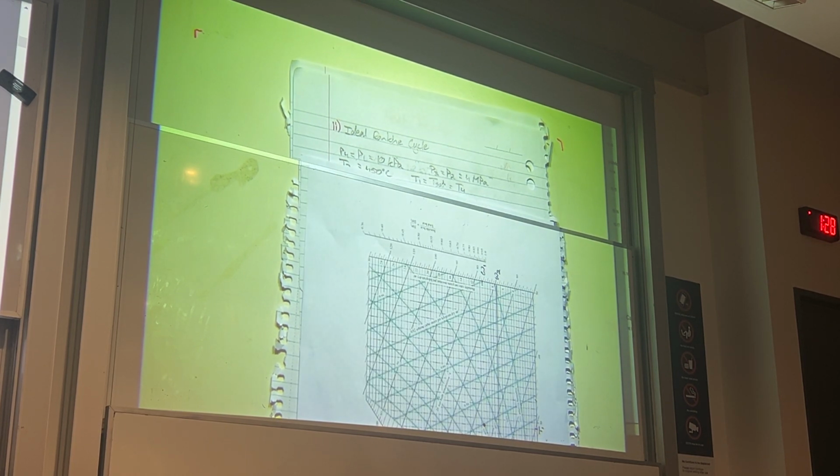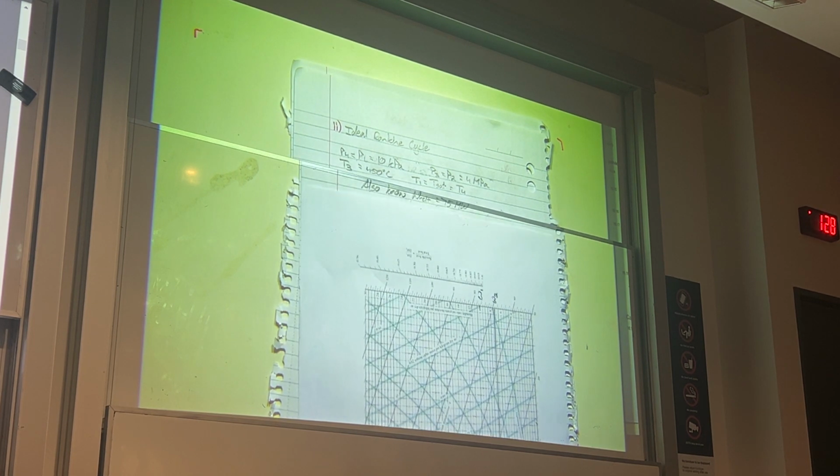So what we want to find is the net work per kilogram, so the work through the turbine, and our quality at the outlet. Basically we want to find our work across our turbine, which would be H3 minus H4.